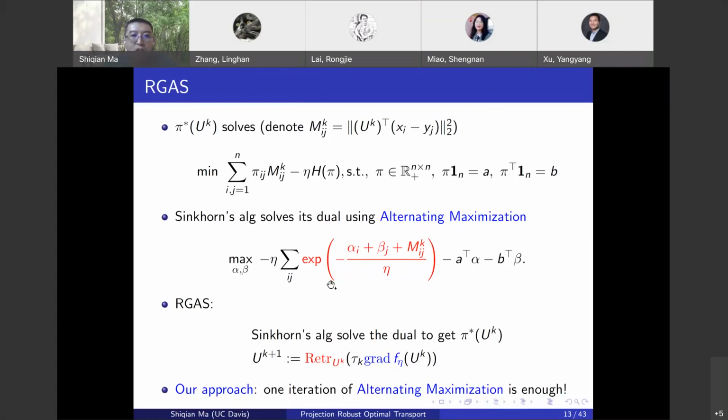Right. Okay, so now, once you solve this dual problem, you obtain, for example, alpha star, beta star, then you can recover the optimal primal solution here, pi star. And using the pi star, you're able to compute the Riemannian gradient of this function at beta. And that's how this Rgas algorithm works.